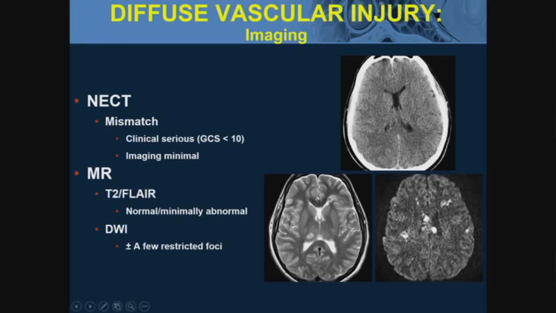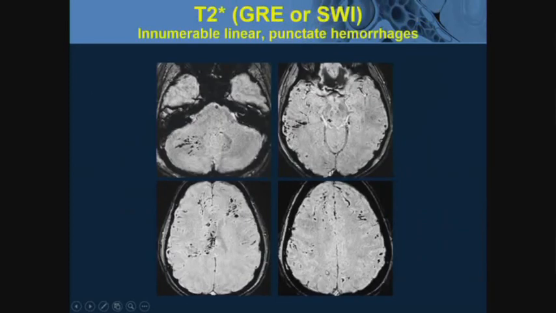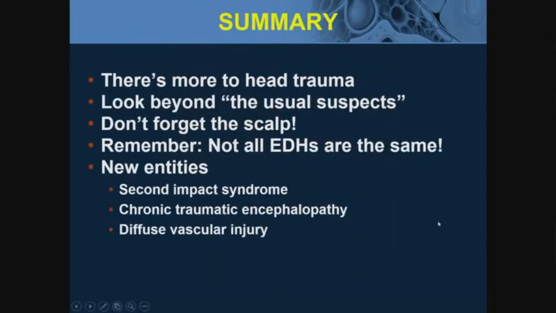In this same patient, here's our T2 weighted scan. You see multiple foci of restricted diffusion. More accurately than that, this is this patient's susceptibility weighted scan, innumerable linear and petechial hemorrhages all over the brain. And this is diffuse vascular injury. So next time you're dealing with a trauma patient and it doesn't seem to be quite right, they're not doing well and their CT scan doesn't look particularly abnormal, if you can, do an MR with a T2 star scan.